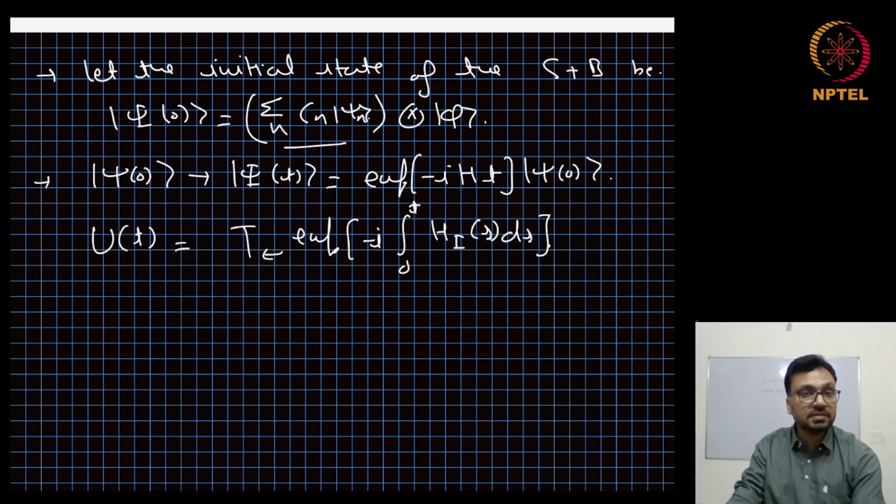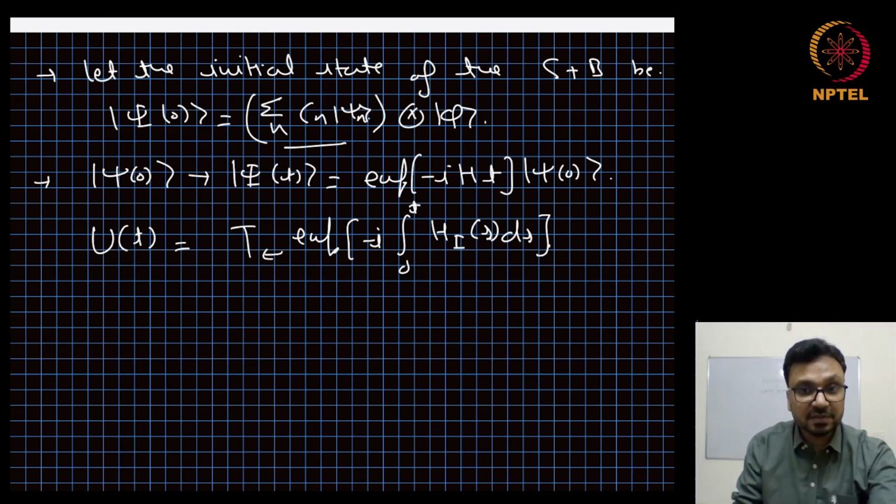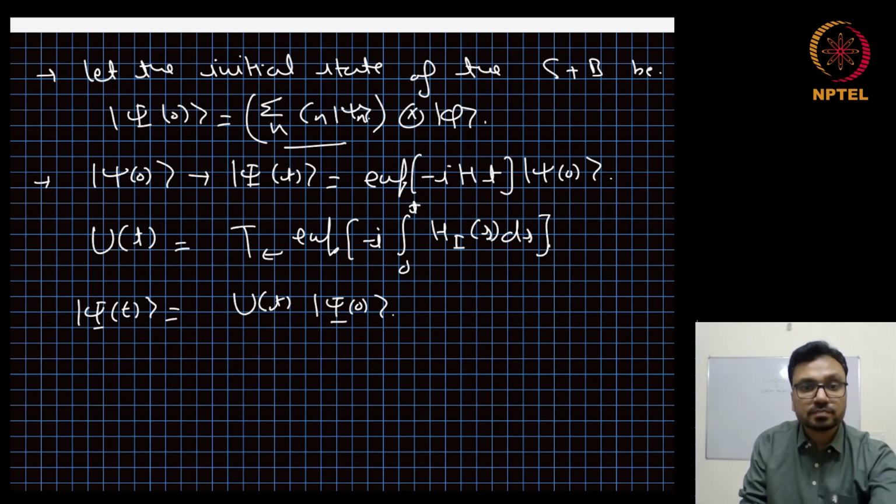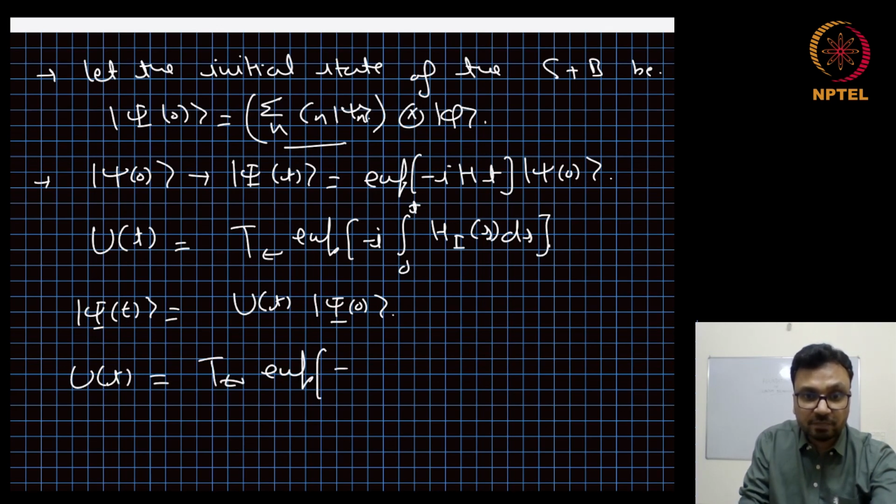Since our interaction picture Hamiltonian is time dependent, the unitary will be the time-ordered exponential of the Hamiltonian. So when we apply U(t) on Ψ(0), we get Ψ(t). Now U(t) is the time-ordered exponential of minus i integral from 0 to t, sum over n ψn tensor Bn(s), ds.